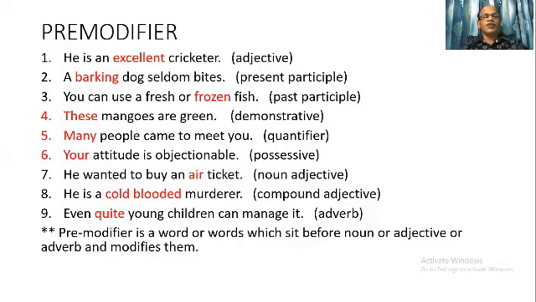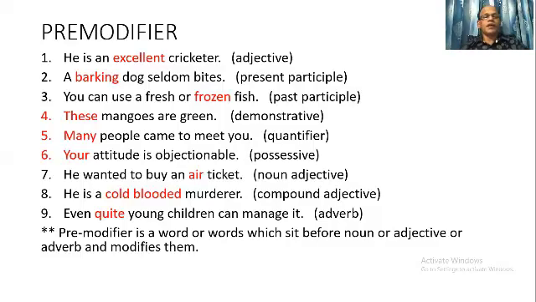He is an excellent cricketer. Look at the use of the word excellent. It's an adjective. It qualifies the noun cricketer. What kind of cricketer is he? An excellent cricketer. So adjective is written in parentheses.